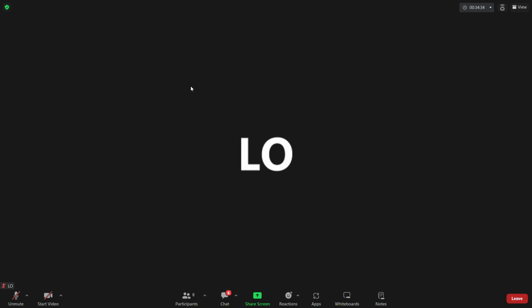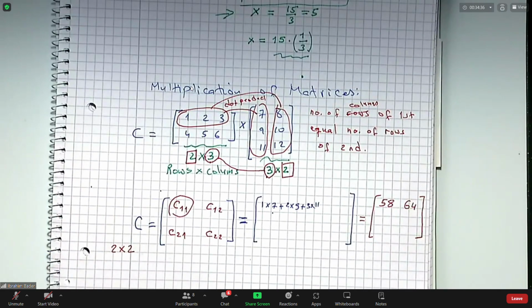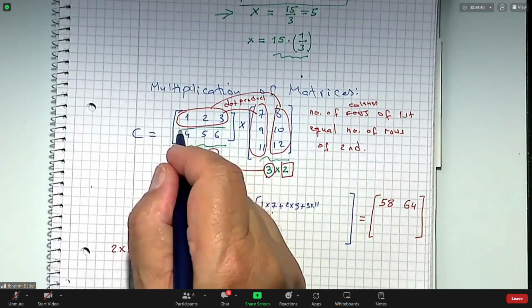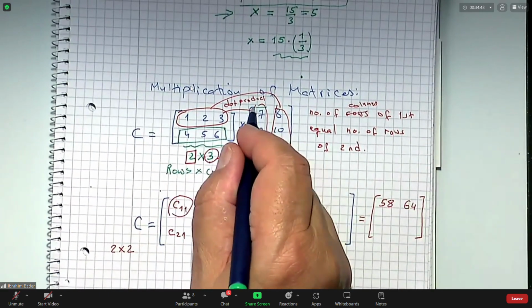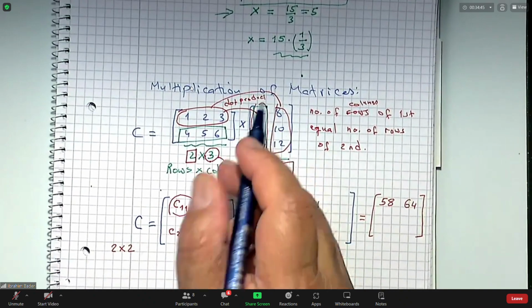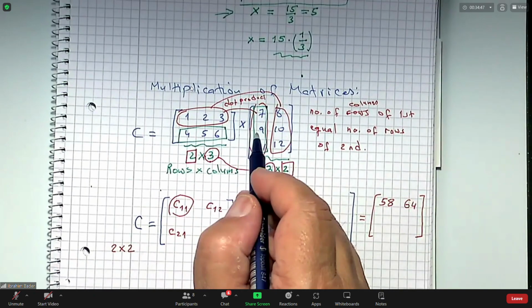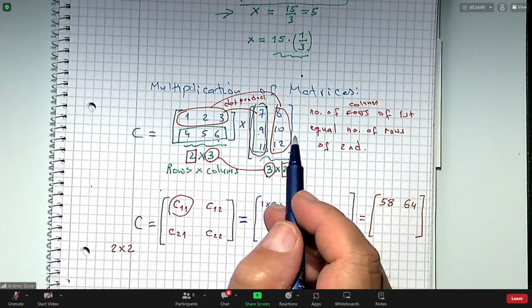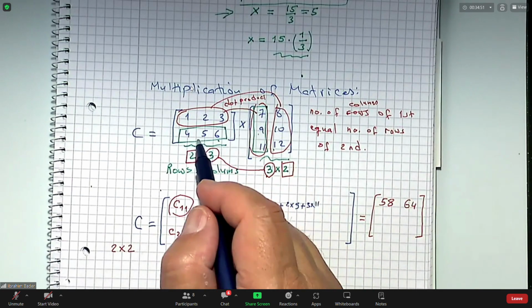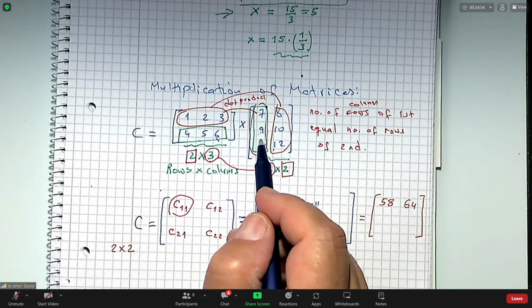Okay, now we go to the second row. Let me use another color. This row, I multiply with the first column: 4 times 7, 5 times 9, 6 times 11.